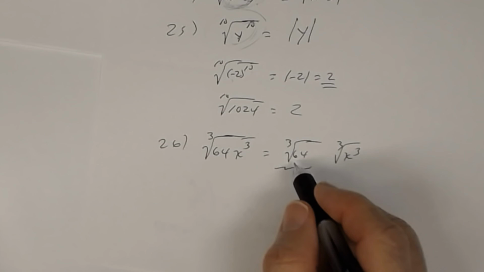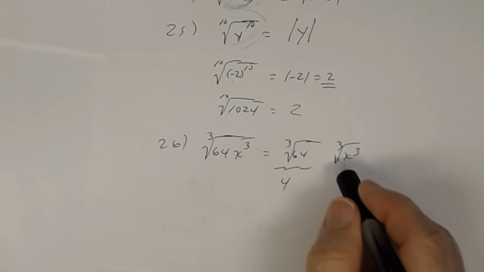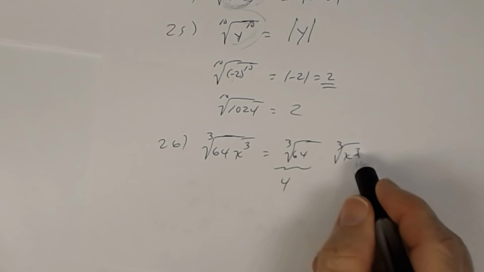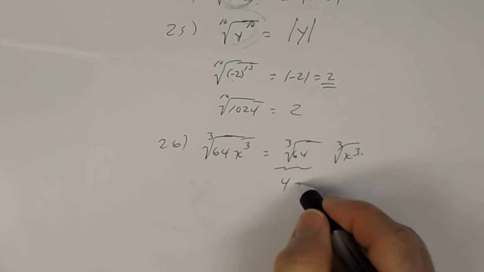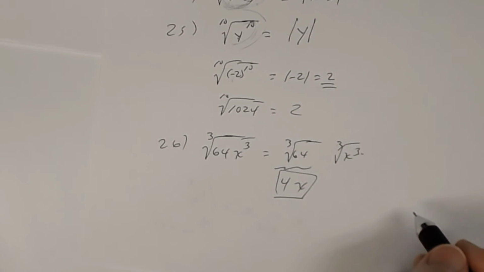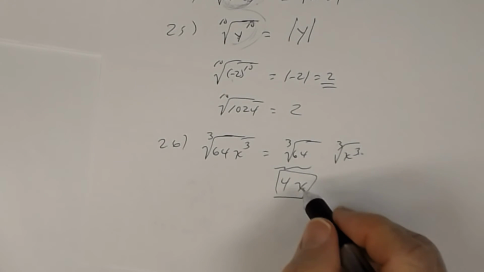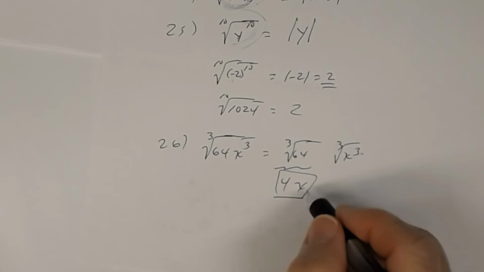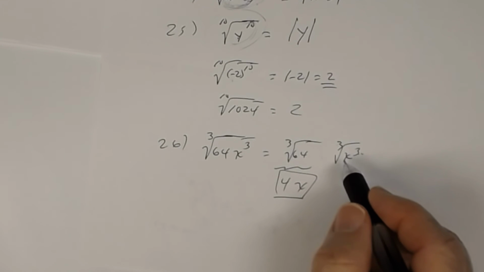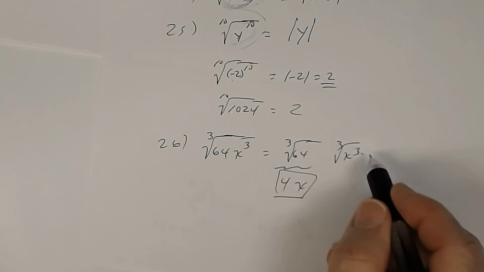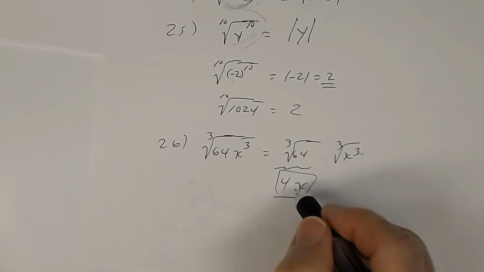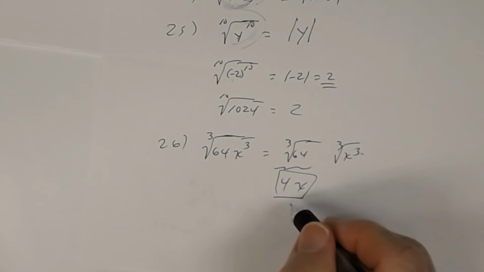So that's going to be 4. And then the index and the exponent are the same, and they're odd, so it's just 4x, not absolute value. See, if you put absolute value here, then you're saying that this is always going to be positive, and it's not, because what if x is negative? A negative raised to an odd power is negative, and the cube root of a negative number is negative, so that has to be a negative answer here.